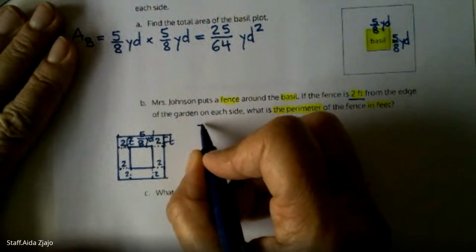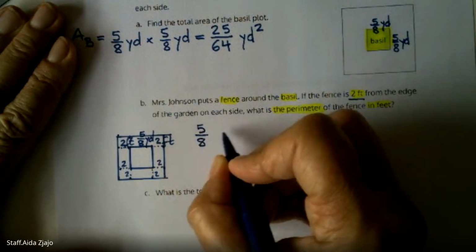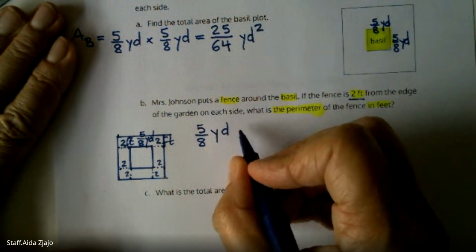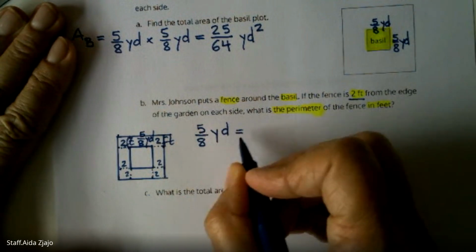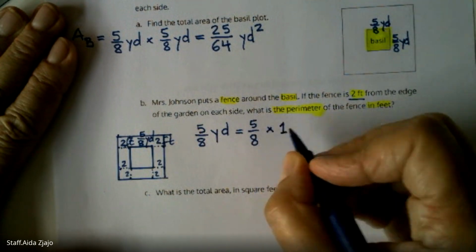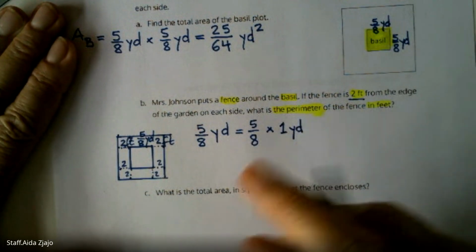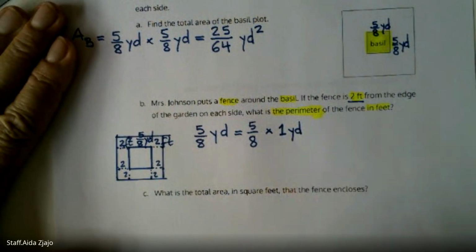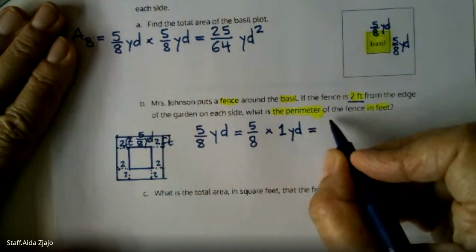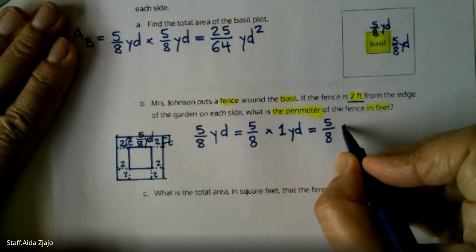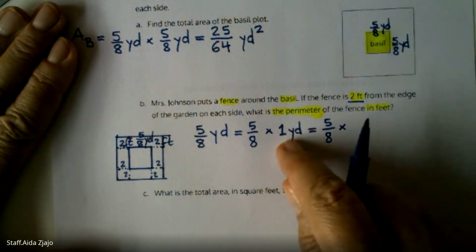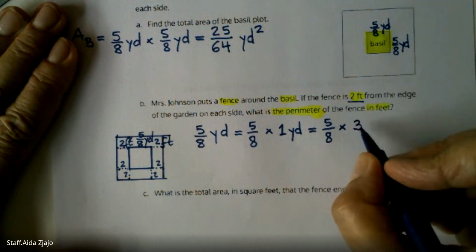If I have 5/8 of a yard, I can see this as 5/8 times 1 yard. If I change the yard into feet, I will know how many feet that is. 1 yard is 3 feet, so times 3 feet.